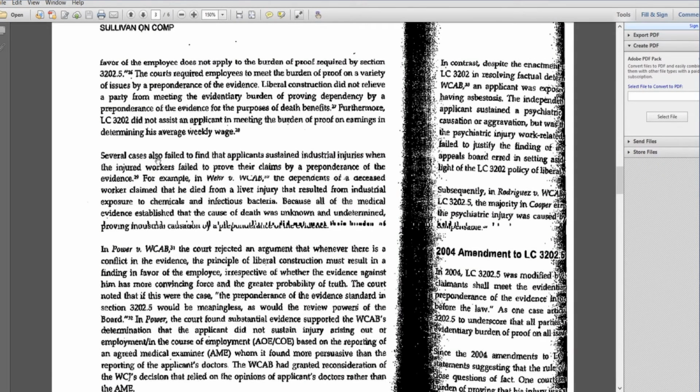Several cases failed to find that applicants sustained industrial injuries when the injured workers failed to prove their claims by a preponderance of the evidence. So the facts still need to support the presence or absence of an industrial injury, and we don't simply opine for an industrial injury just to provide the examinee with benefits under workers' compensation.